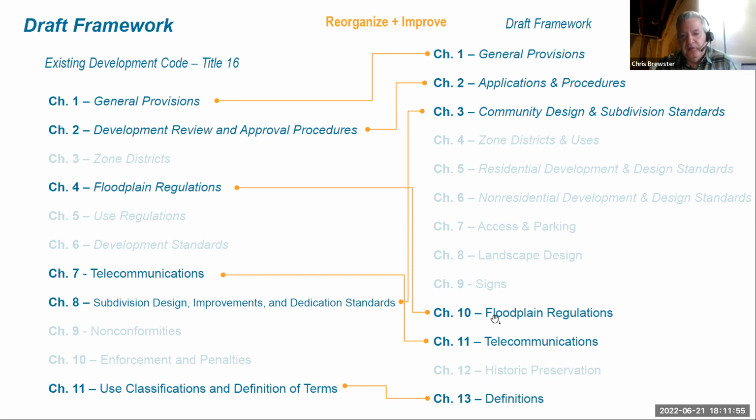Things like the floodplain regulations and telecommunications we'll put later in the chapters because they're more standalone topics, not encountered that frequently, and they interrupt the flow of looking at a development project, which might track you through these other chapters in a more coherent and chronological way, showing what you need to know about the regulations and when, depending on where you're at in a project.